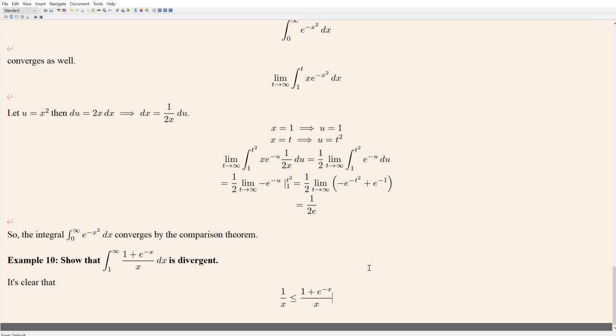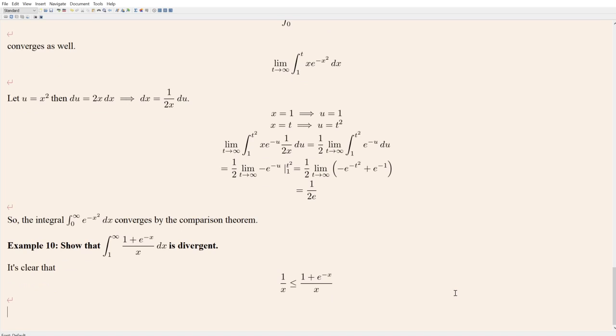Right? Because e to the minus x is always positive. So 1 plus e to the minus x is larger than 1. And then just divide both sides by x, and that inequality is still true. Make the numerator larger, and the whole fraction becomes larger.